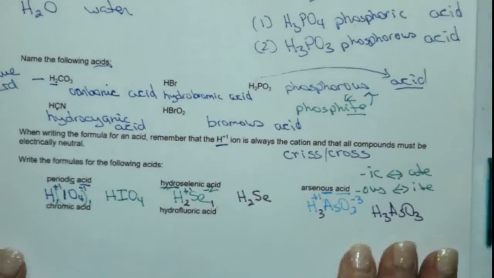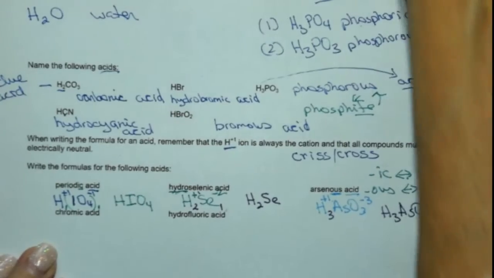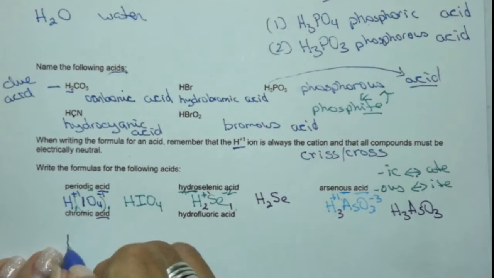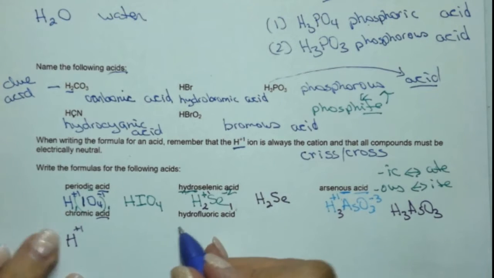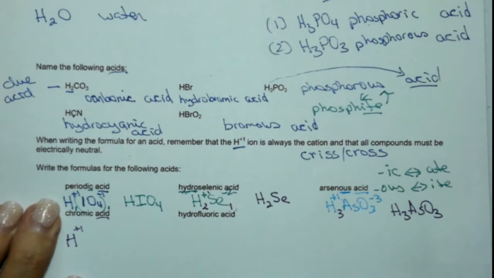All right, next guy. All right, looking for clues. I see the word acid, so I'm going to write H +1. I don't see hydro, so there's no element to follow. That means a polyatomic. It ends in ic. So ic goes to ate. So this is chromate.